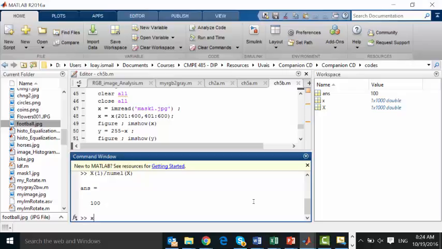Let's assume that x is equal to zeros of 1000. So here we have a vector of zeros, and x of 2 to 1000. What I'm trying to do here is take the even-numbered index elements and give them the value of 100, and the remaining elements that have odd indices will be equal to 0.